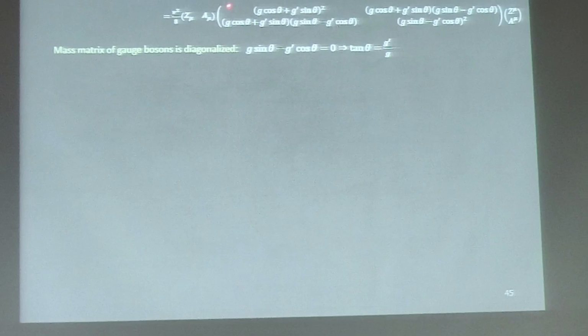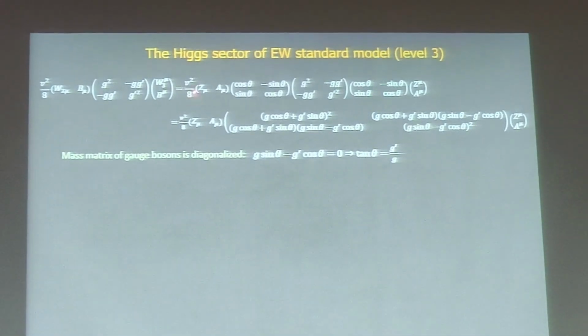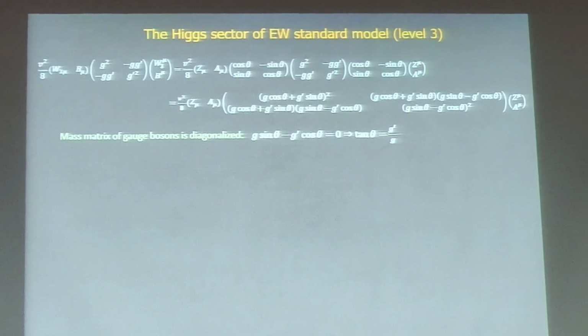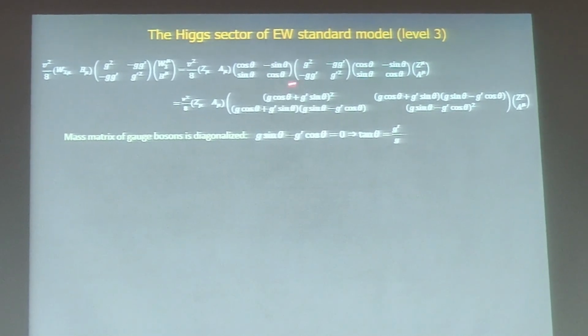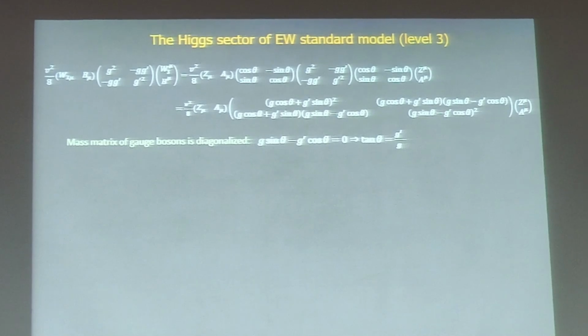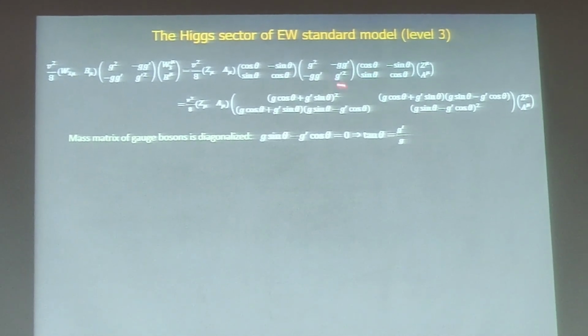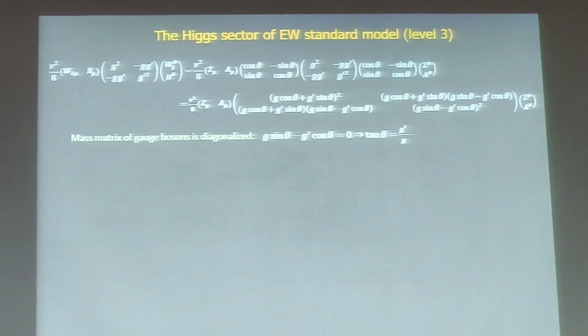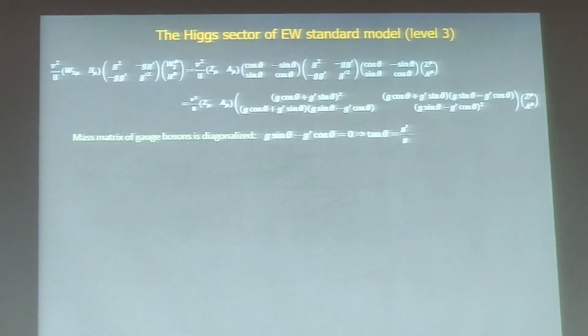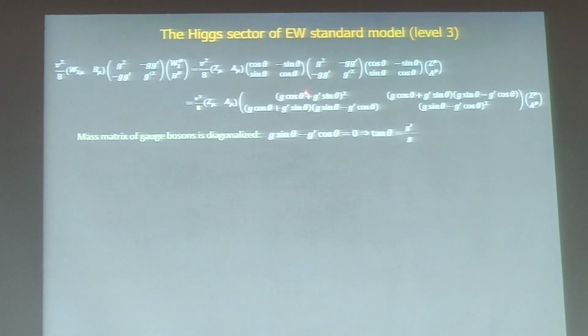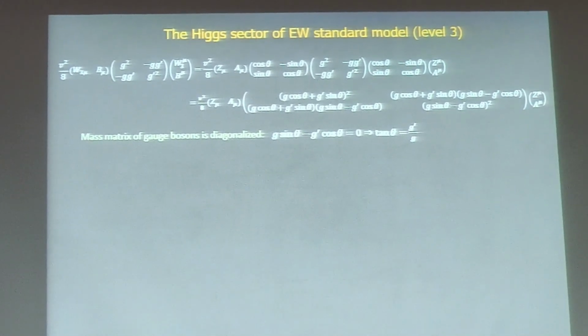If you apply this transformation over here, then W3 and B turn into Z and A, and the mass matrix now becomes the product of three matrices: the original mass matrix and the two matrices coming from the orthogonal transformation. If you combine these three matrices, the total mass matrix will be this one. And we want to have it diagonalized.